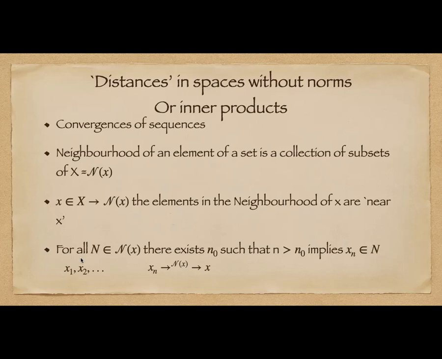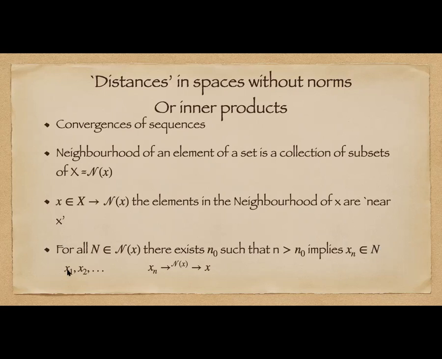So for all N, which is a set in the collection N_x, there exists an n naught such that for n greater than n naught, the sequence x_n is in the set N.